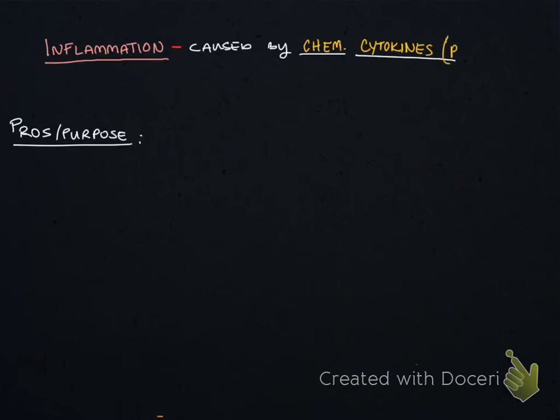These are paracrine molecules, meaning they act on neighboring cells or neighboring tissue. And the stimulus for inflammation would be like tissue damage that allows for, say, a pathogen like a bacteria to come in and initiate the release of these chemical cytokines.